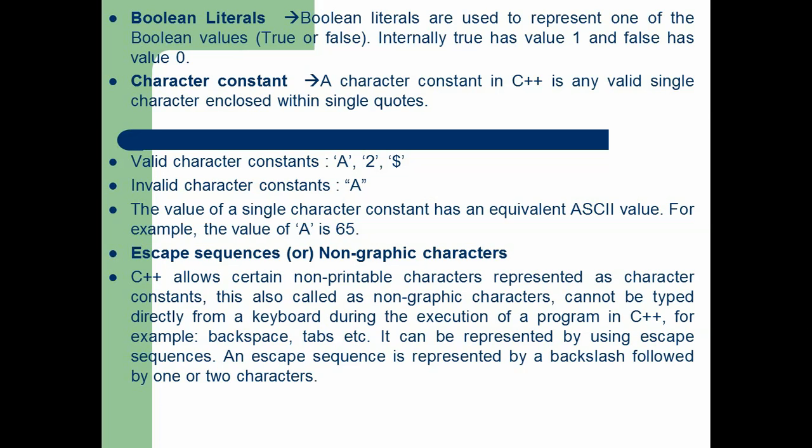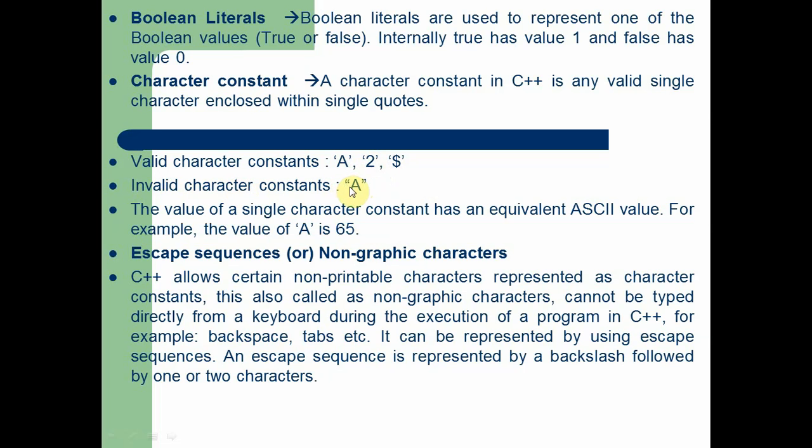So we see here the valid character is a $2. So 2 is also considered as a character, but the condition is that all character constants should be enclosed with single quotes. If you enclose any single character with double quotes, then it is invalid.